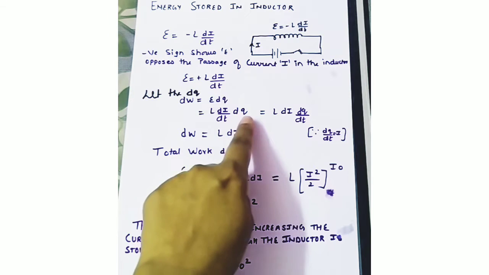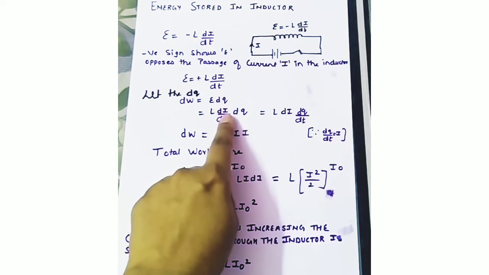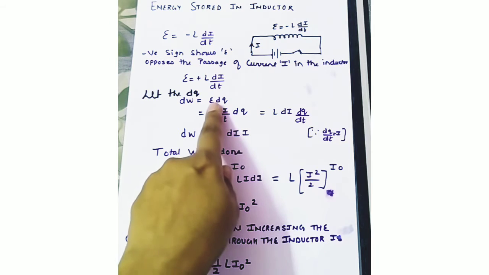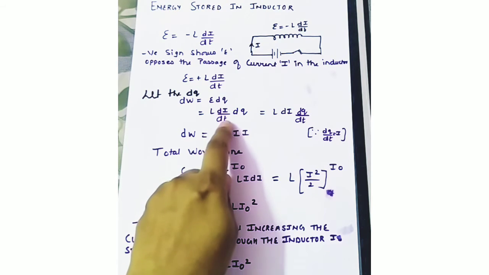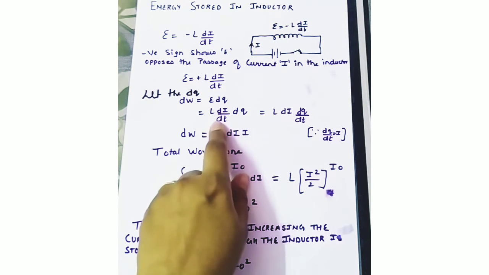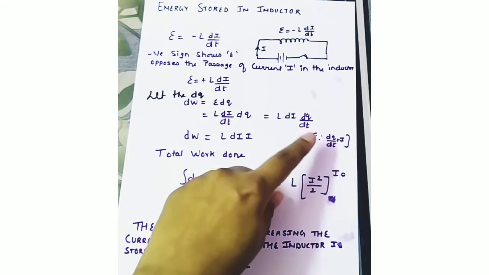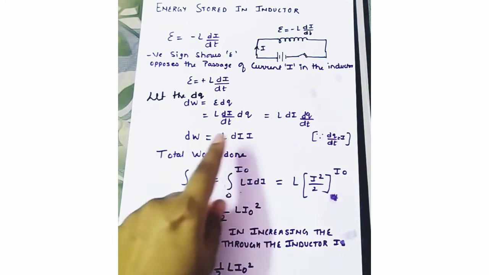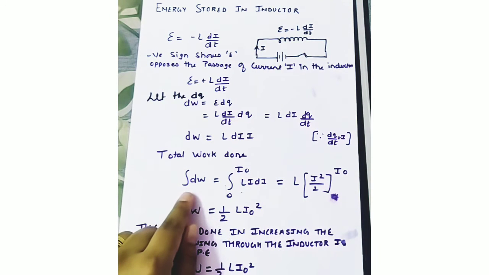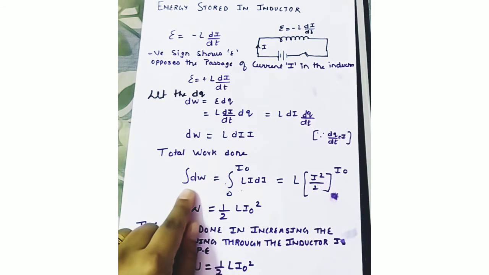We have substituted the value of E, so we got L di by dt times dQ. We know that the charge per unit time is the electric current I, so we substituted that, and after that we have calculated the total work done.